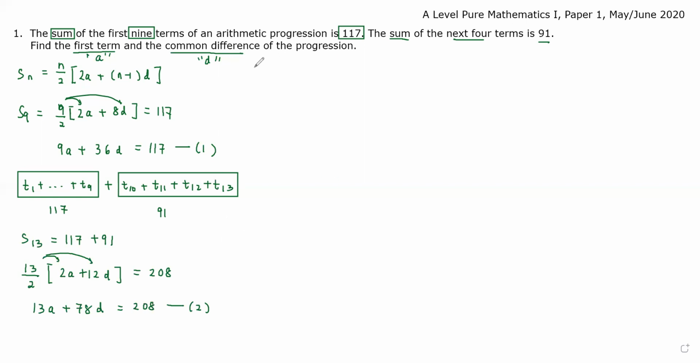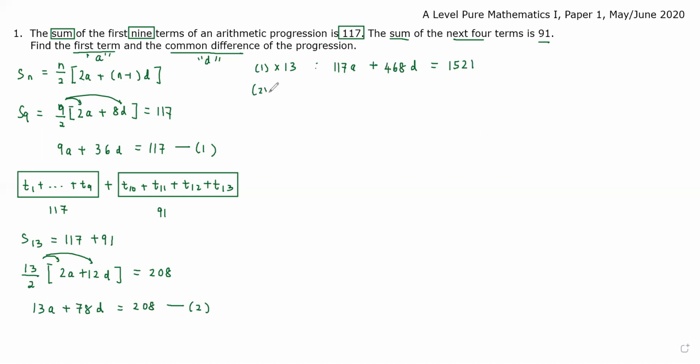So you can take equation number 1, multiply this by 13, and that gives you 117a plus 468d, and that would be 1521.